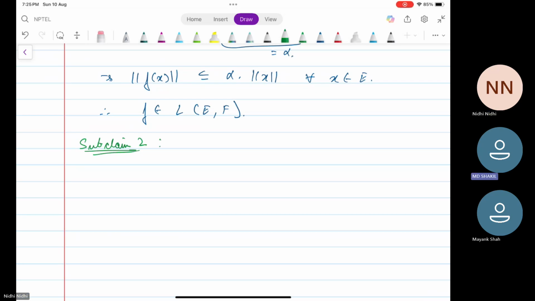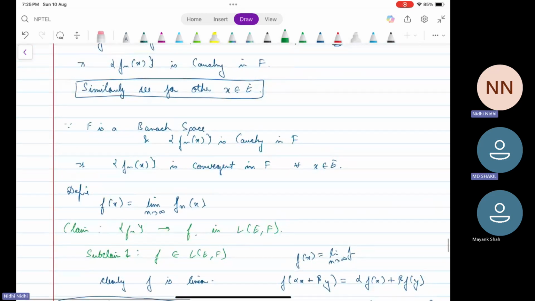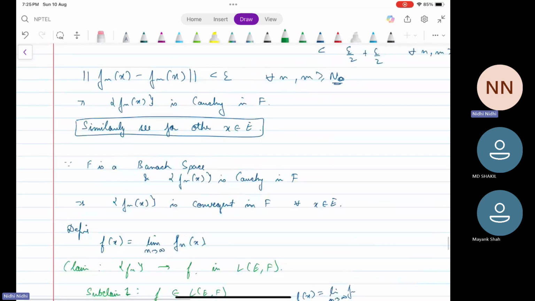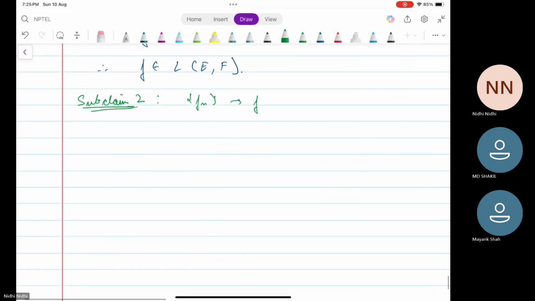But ma'am, above we already showed that Fn converges to F. That was pointwise. Oh, okay. We had Fn x converges to Fx.